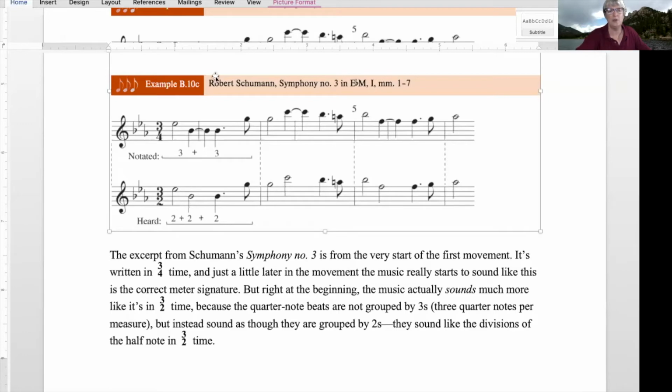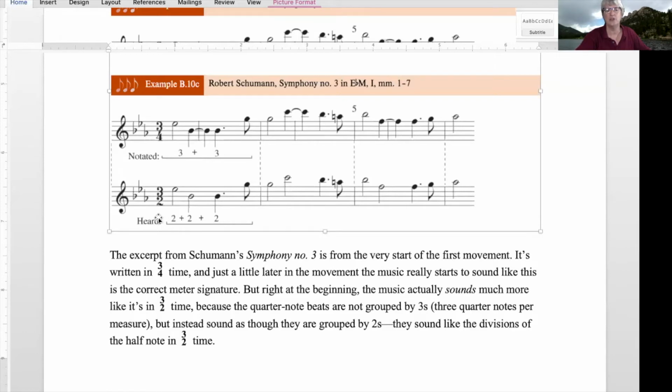When you listen to it, right in the very first measure, you're going to hear 3 notes that are essentially a half note long. The third one is only a half note long if you add the next eighth note to it. But even though it's written as 1, 2, 3, 1, 2, 3, we're going to hear it more as 1 and 2 and 3 and.